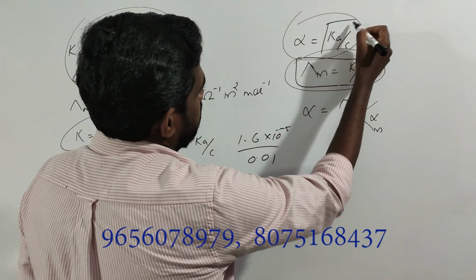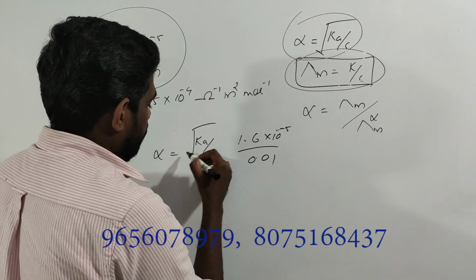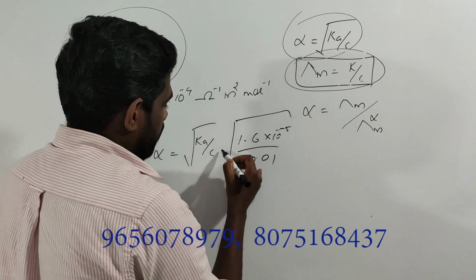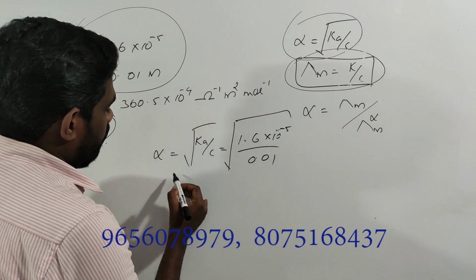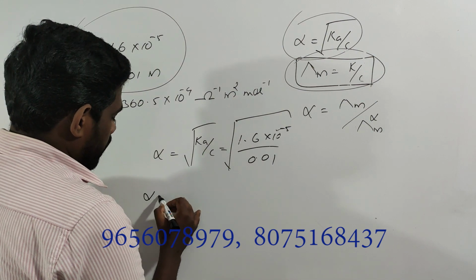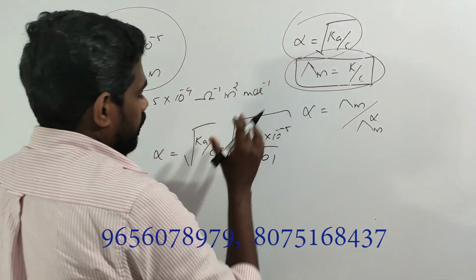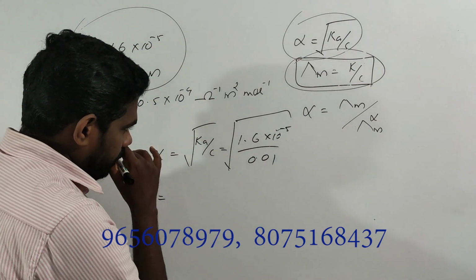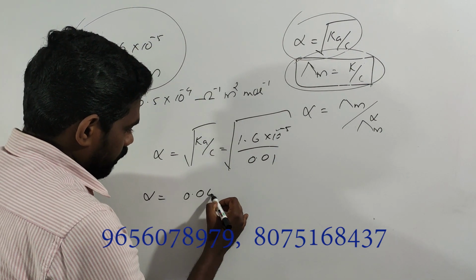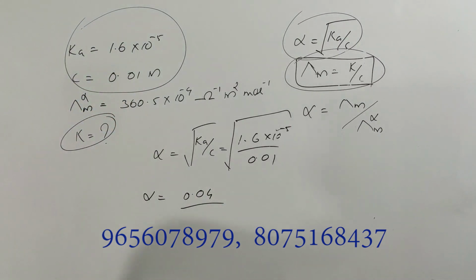Sorry, this is the equation. We have a root here, so this is the relation: alpha equal to root of Ka by C. If we substitute these values here, we will get alpha equal to 0.04.